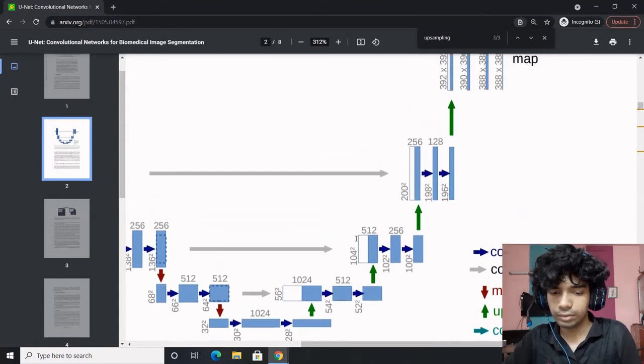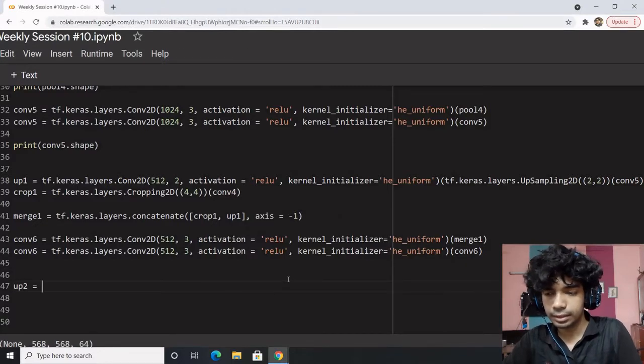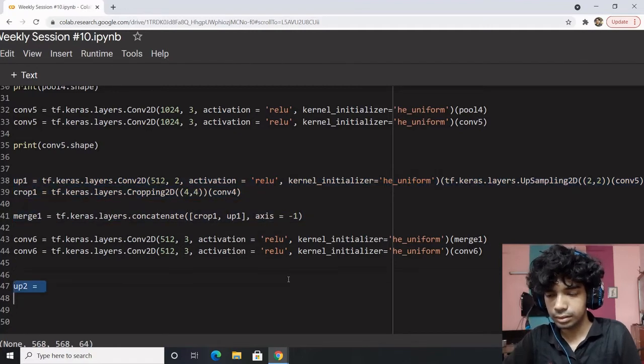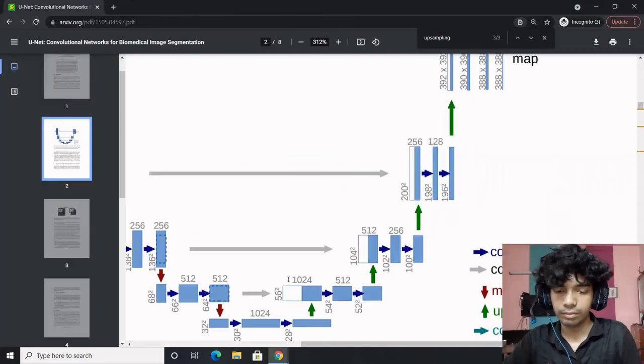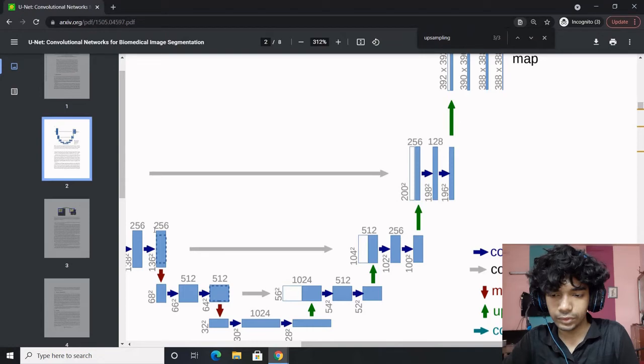This is carried forward, the upsampling. Let's do the necessary changes. It would be upsampling 2, wherein 512 by 2 would be 256. And this part of the convolution would be from convolution 4.